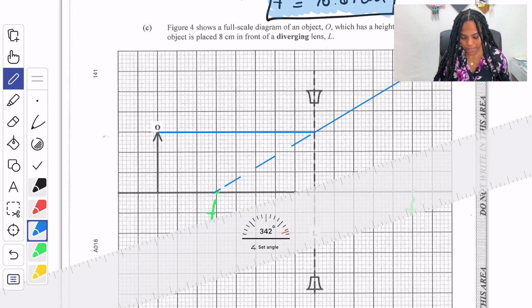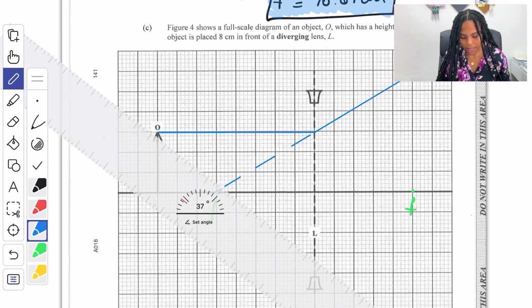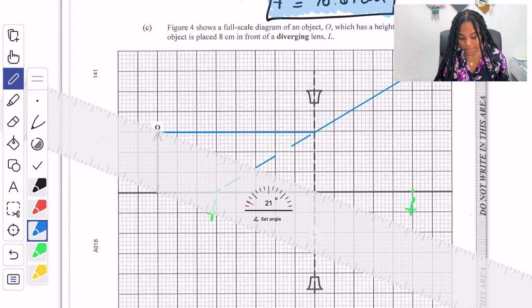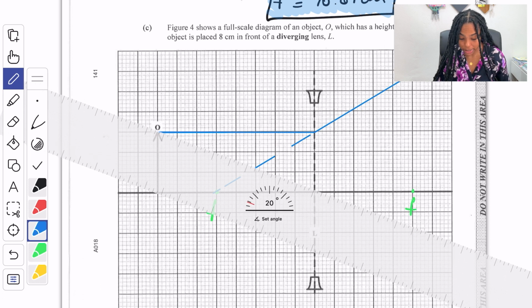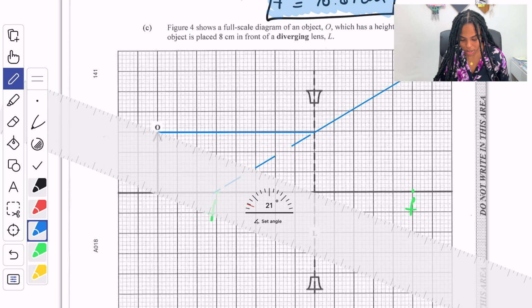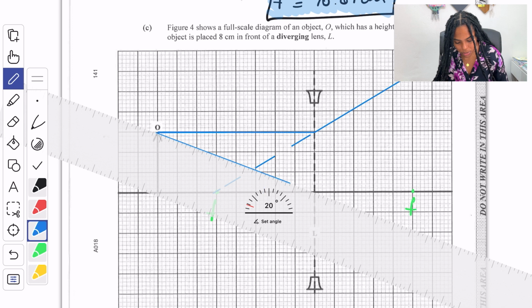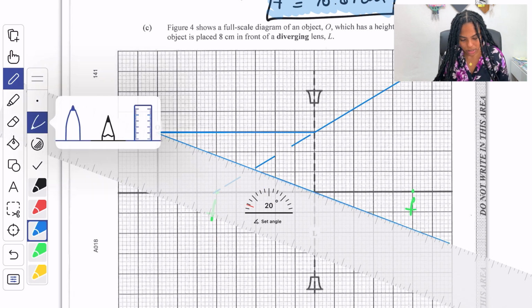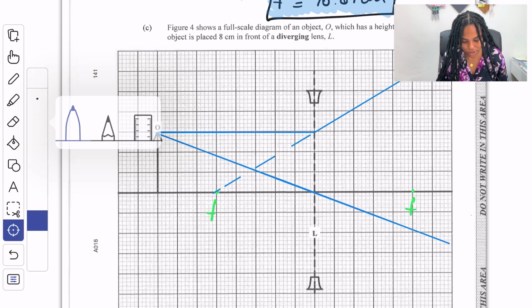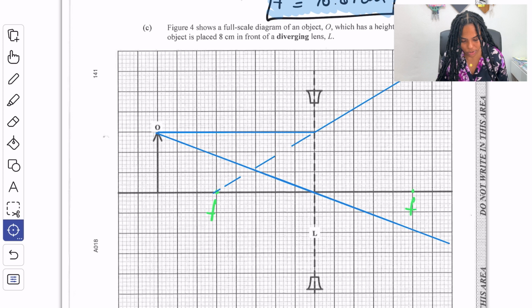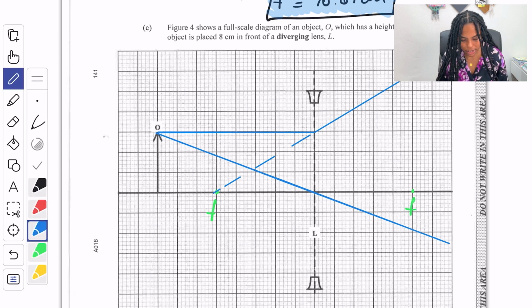And then for my next line, I know it has to pass through the optical center. And when a ray is passing through the optical center, it's undeviated, or it doesn't bend at all, it just passes straight through. So something like this. So it means that where those converge, and I didn't do my converging properly, I should have made a more solid looking line so that we could see it clearly.